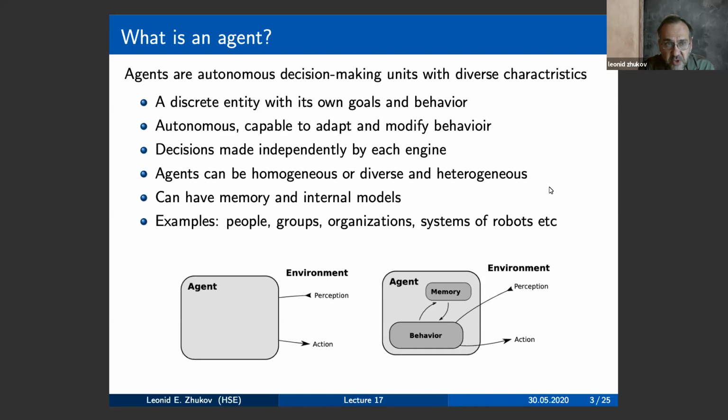Every agent is autonomous and can use the same behavior or modify it. What's important is that the decisions are all local and made by each agent independently. Agents can have internal states and can have memory if needed. And of course, you can model people, groups, organizations, systems, and so on.